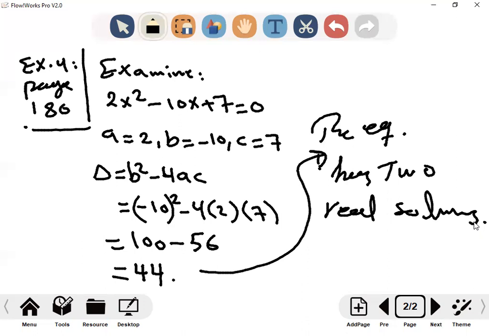The square root of 44 has a lot of digits after the decimal. These numbers we call irrational numbers. Irrational, I double R, A T I O N A L. Or you can say the equation has two real solutions. It's a completed answer. Done. Let's go to the check and let's do it together.